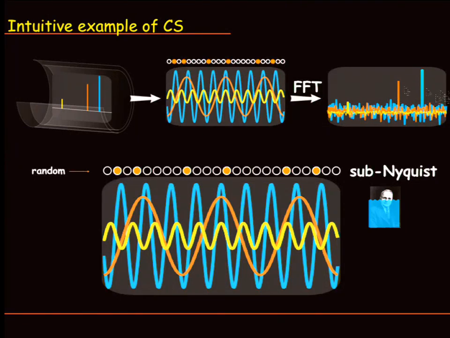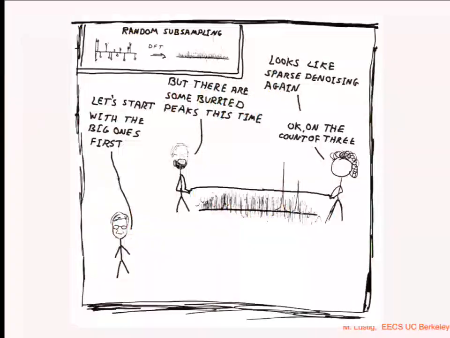It's going to look like that. So if it's incoherent, how would you go about recovering the signal? If you've got a sparse signal and an interference that's incoherent, then maybe there's a chance for you to recover that signal.